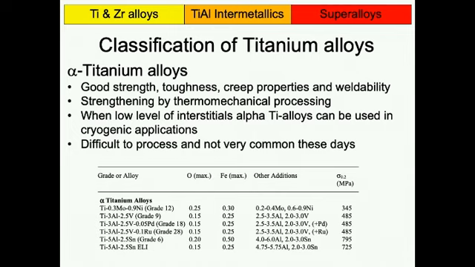You can see the oxygen contents here. They're kept at relatively low levels, although they're actually not that low, and some iron, and again the iron is here to have this kind of safety feature of a tiny amount of beta phase to mop up the hydrogen.